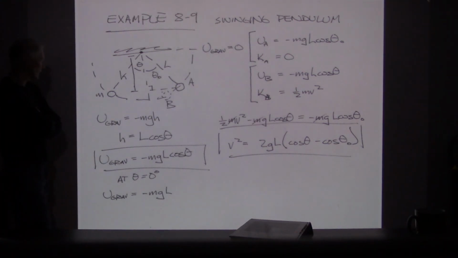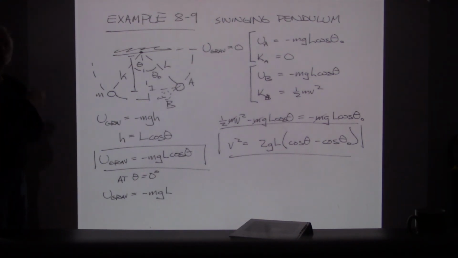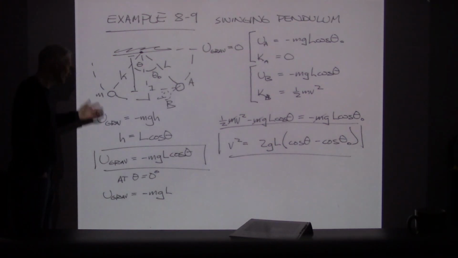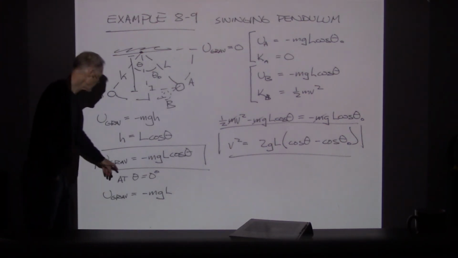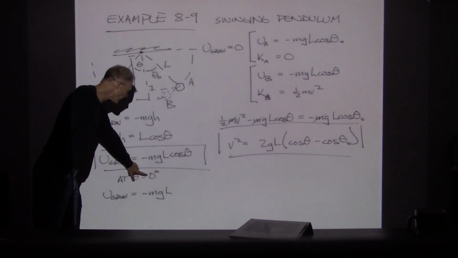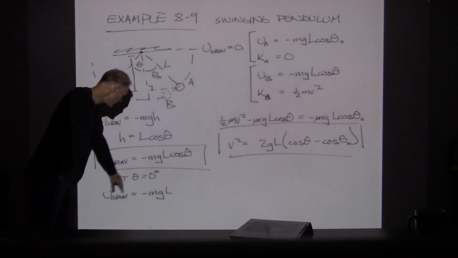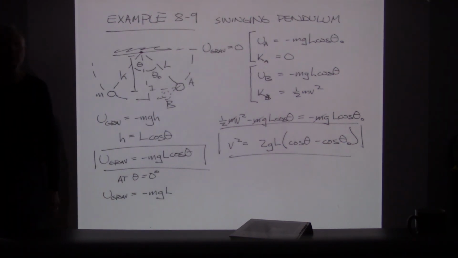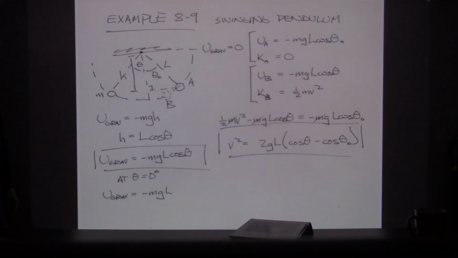This is a general formula for any location as the pendulum swings back and forth. So I'm going to use this as my formula, and let's check it out here. At the very bottom, when theta is equal to 0 degrees, the potential energy will be minus mgL. Yeah, that makes sense. So I think we've got this set up correctly.